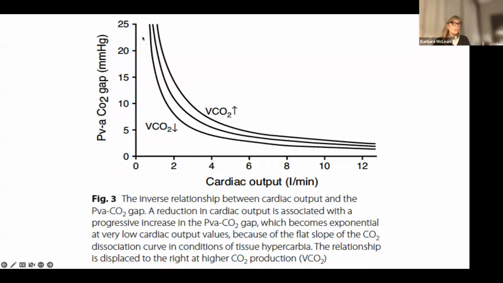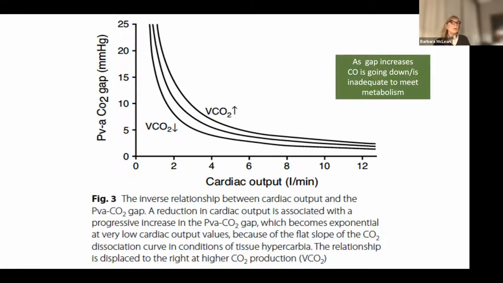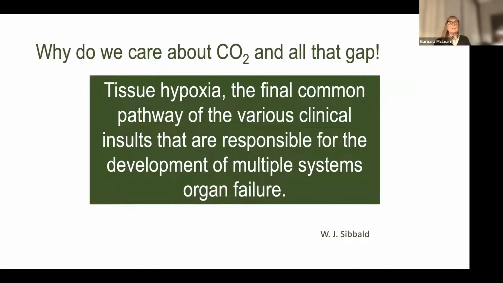This is from a retrospective analysis of over 4,000 patients looking at cardiac output and correlating that to the PvaCO2 gap. As the PvaCO2 gap goes up, it means your cardiac output has gone down. This is such a great and relatively simple way for us to look at our patients. So as your gap increases, cardiac output is going down or it's inadequate to meet tissue metabolism.